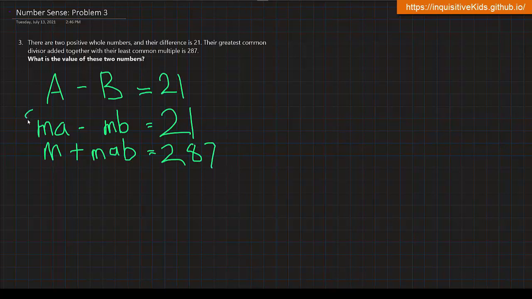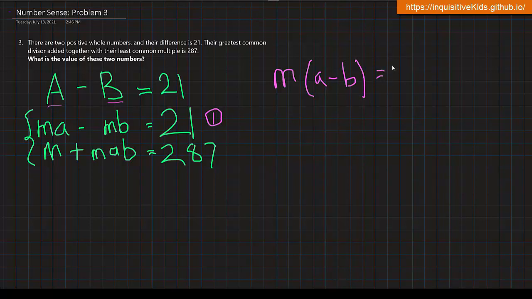So now let's group these two equations together. We're going to have to find out the values of M, lowercase a and lowercase b. But right now we can't get anything out of these two equations. In equation number 1, I see that we can use the distributive property to factor out the M. We can do M times the difference of a and b, which would give us 21.